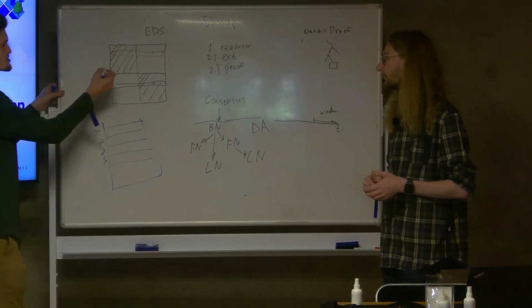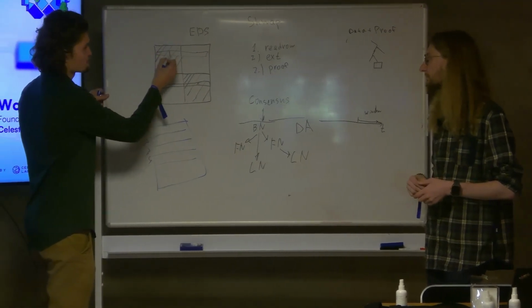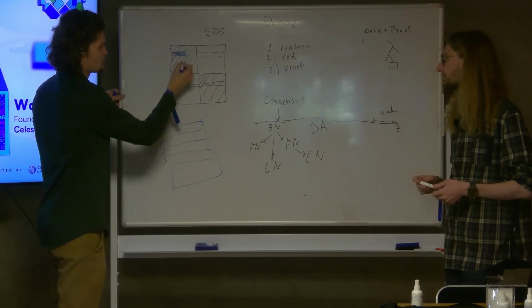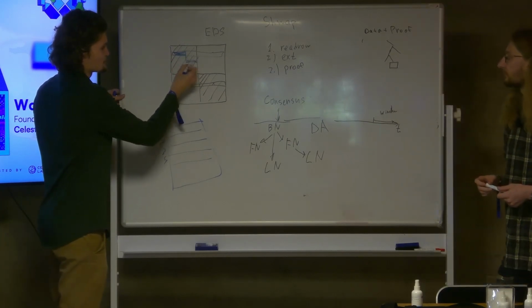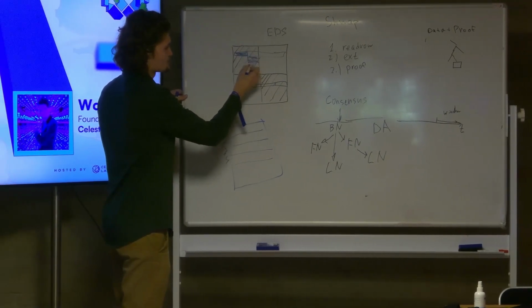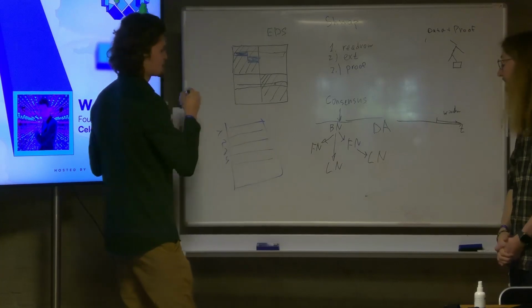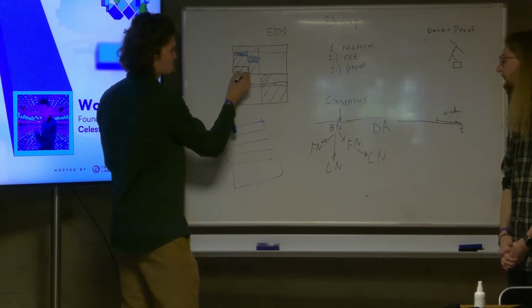Yeah, so this is the block, and there's some subsection of this block that is completely random, and it's up to the consensus node to define how it's created and ordered. There are different namespaces that are identified here with some colors.